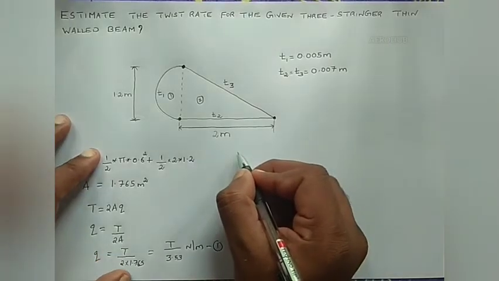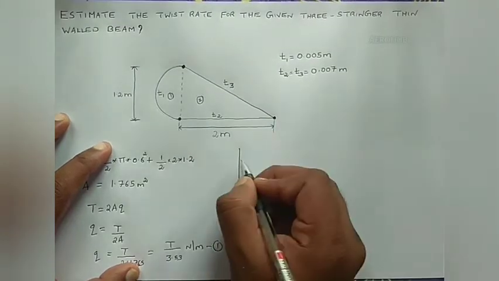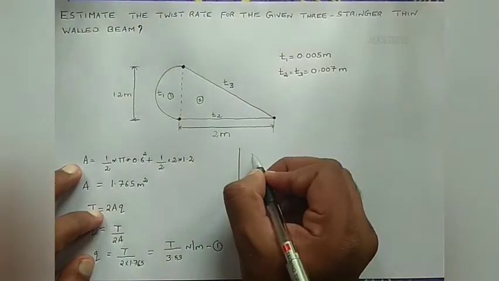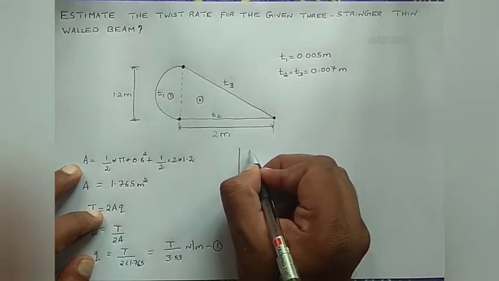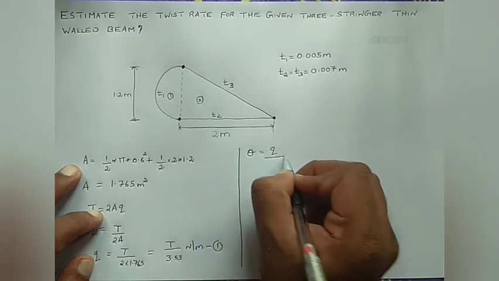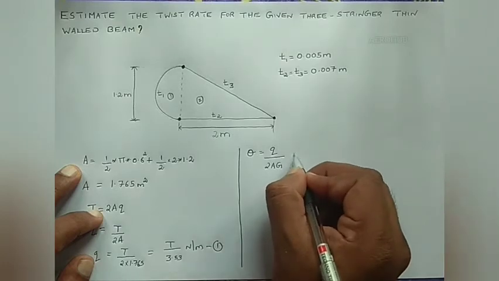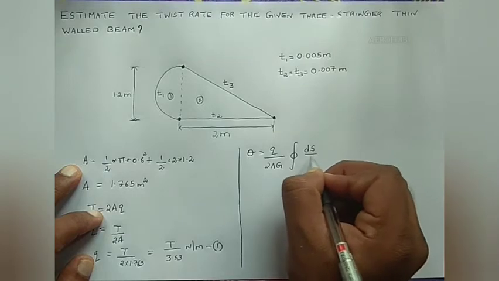So we found the value of shear flow Q for the section, and they have asked to find out the twist rate of the given section. In the last lecture I derived an equation for twist rate. I'll be giving the lecture in the description box. So theta is equal to Q by 2 times the area into the shear modulus into the integral ds by t.